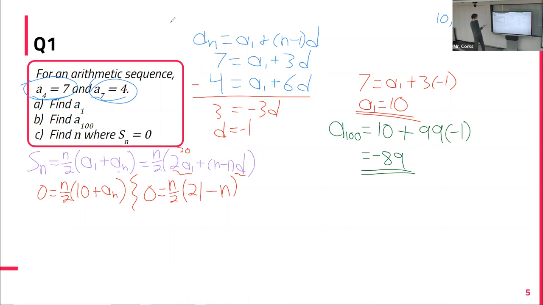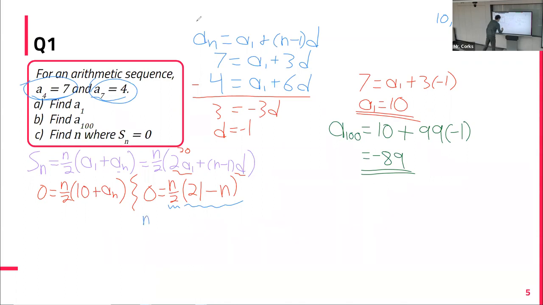Okay, so this thing, then how do we solve? Just like when we were solving a quadratic or doing the calculus stuff, we have two things multiplied together that equal 0. One of those must be equal to 0.